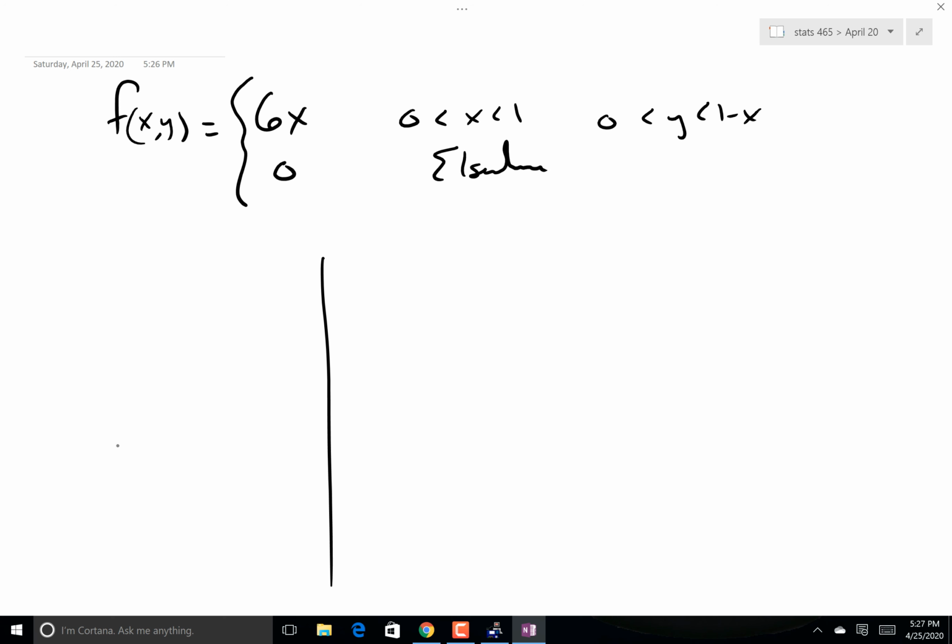So 6x, we're going to integrate underneath that curve, but x goes from 0 to 1, and y goes from 0 up to 1 minus x. Because the boundaries of y depend on x, what does that sound like? It sounds like a dependent problem right off the bat. So if someone asked you in this problem, are they independent or dependent? They're dependent. There you go.